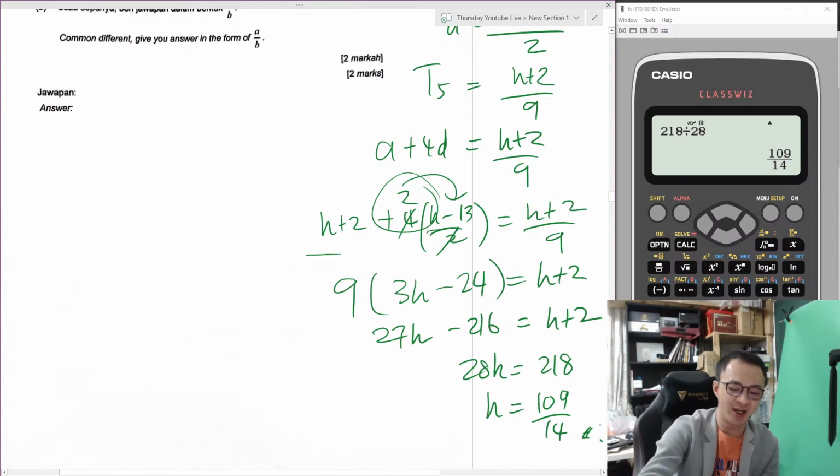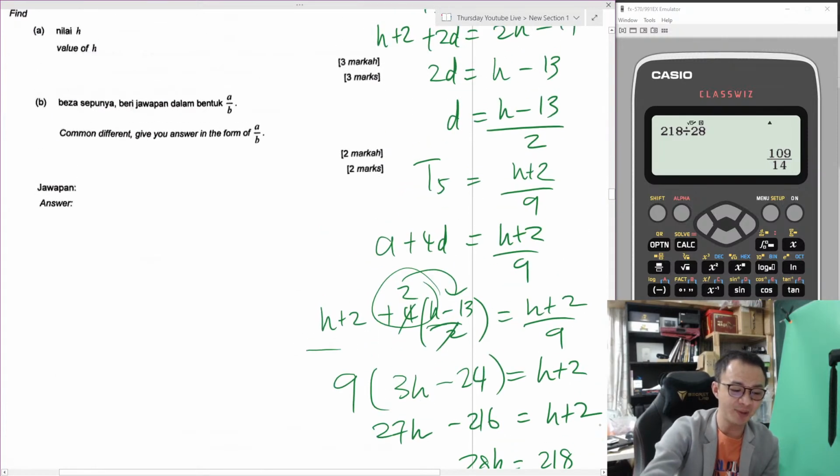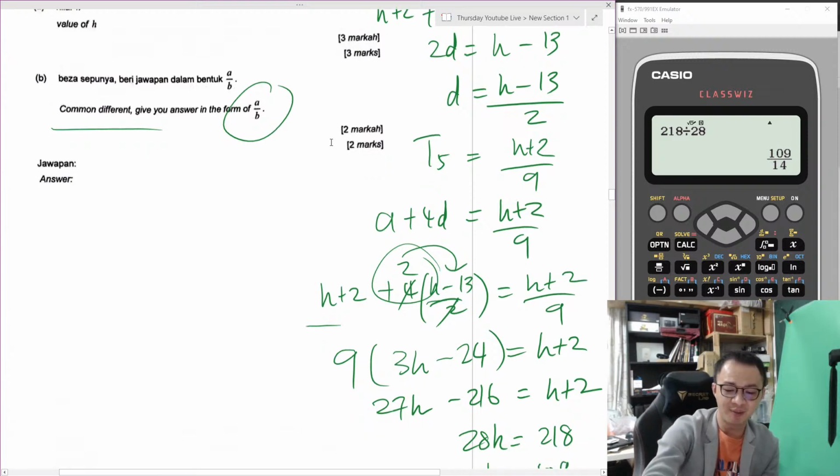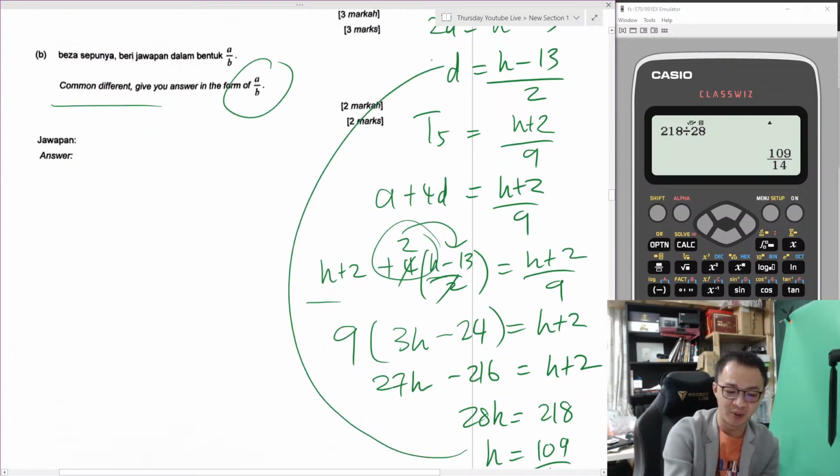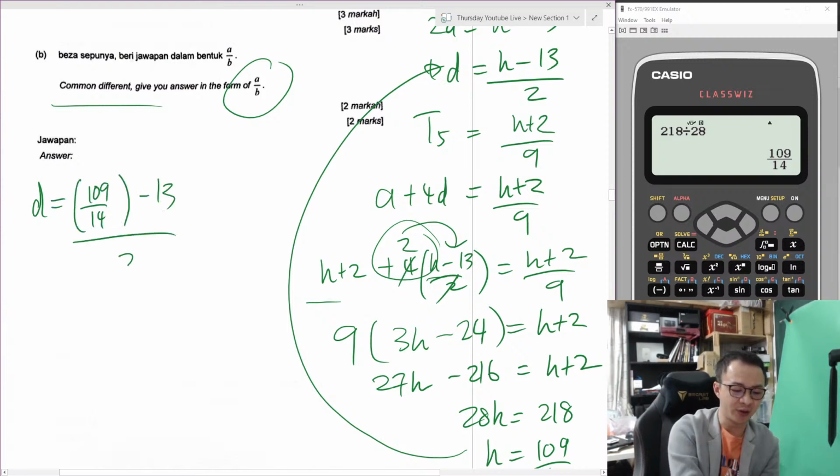Okay, after I got my H value, the question asked me to find a common difference in fraction form. So I just sub my H value back into the common difference. So my D equals to 109 over 14 minus 13 over 2. This one I can just ask the calculator. So can you T3 minus D?